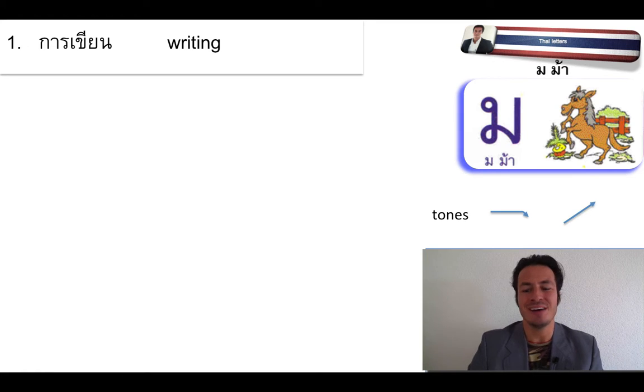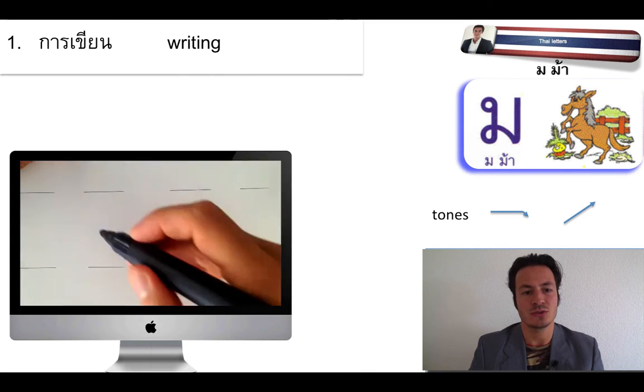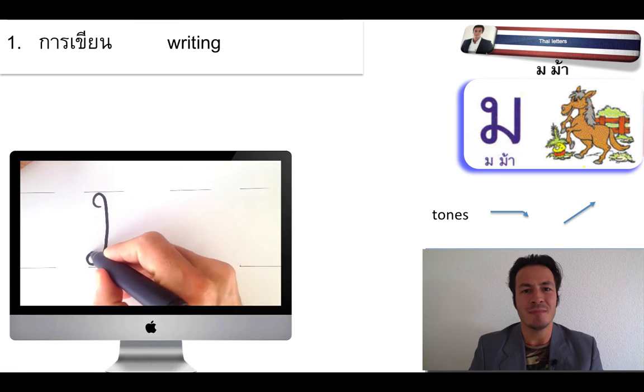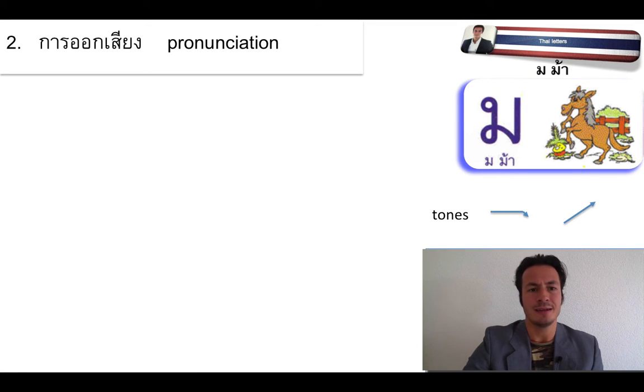So ma ma, okay, and the way to write it by hand is that you simply start on the top left and then go in one stride like this. You can practice this by using the exercise sheet provided to this lesson in the lesson PDF on thailanguageprogram.com.